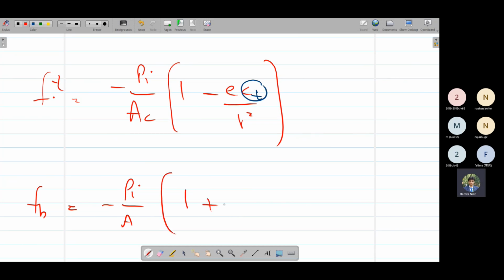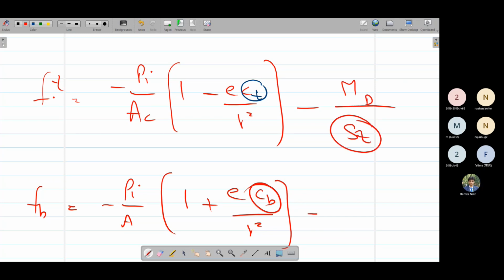Similarly, 1 plus e CB over r square, and minus MD over ST, minus MD over SB. So we have to use the corresponding section modulus. This is the difference in this question. The rest is the same.